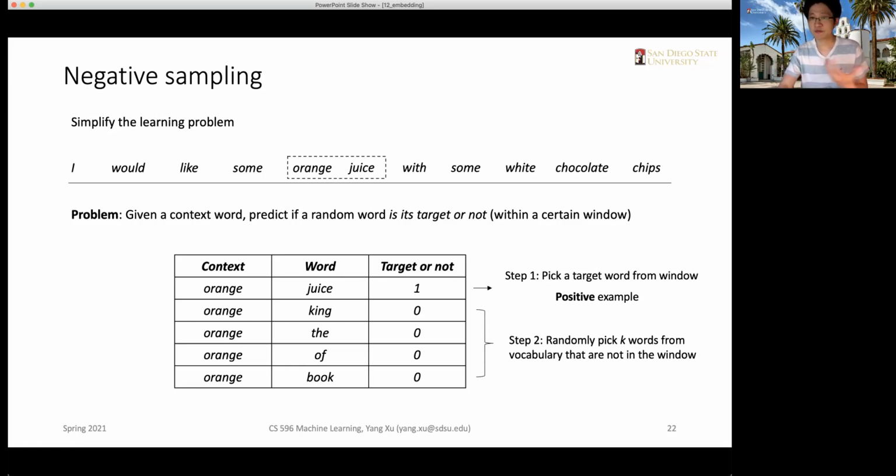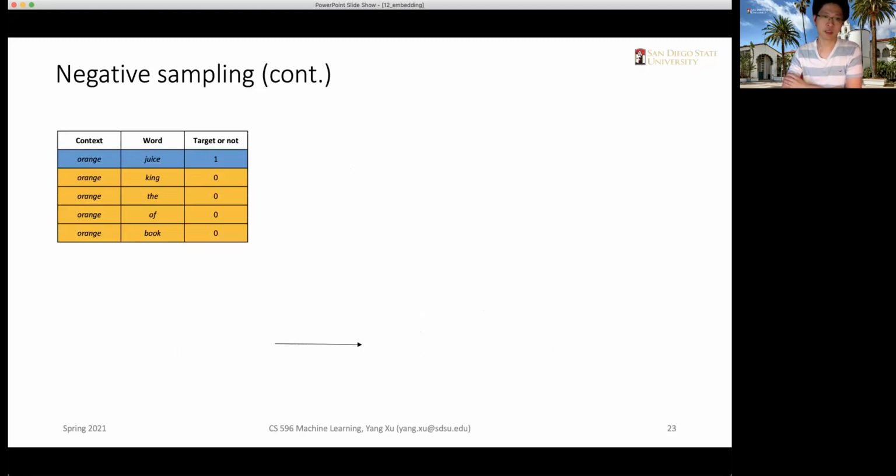So that K can be different values depending on the vocabulary size. Okay, and these are called negative examples. Now we have some positive examples and negative examples. Then we can use the data, the pair of words X and Y, to construct our training task. We have positive examples in the blue color, and the negative examples in the orange color.